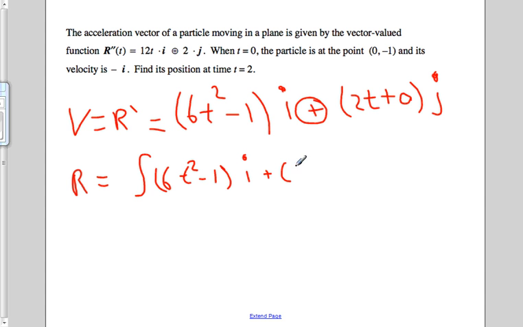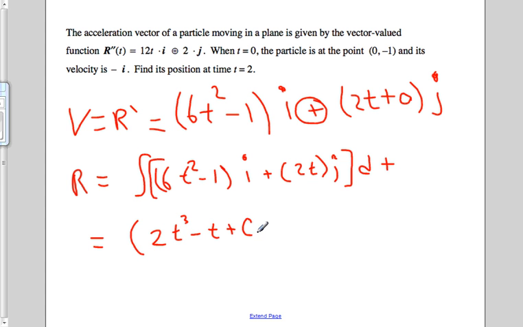I plus 2tj dt. So when we integrate this, this is going to equal 2t cubed minus t plus some new constant cx in the x direction, plus t squared plus constant cy in the j direction.